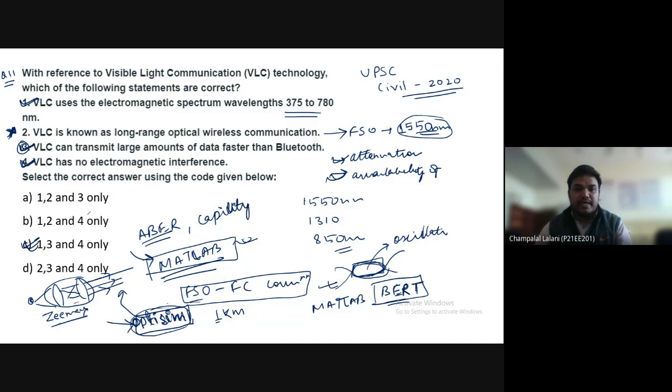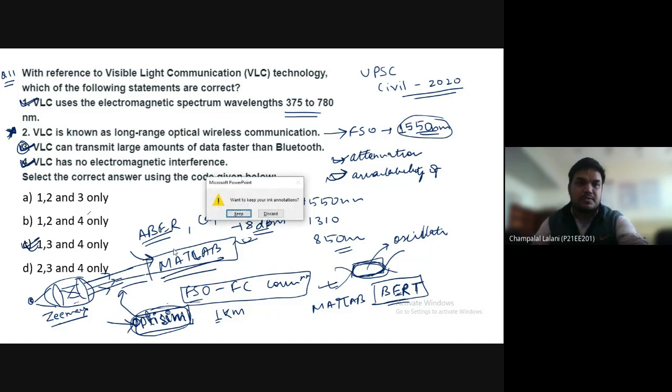As far as the link is concerned, you can do it with OptiSim. At the receiver, even if the power level is in microwatts, it will work. We have seen it in our lab: with a power level of minus 18 dB, I still received the signal.